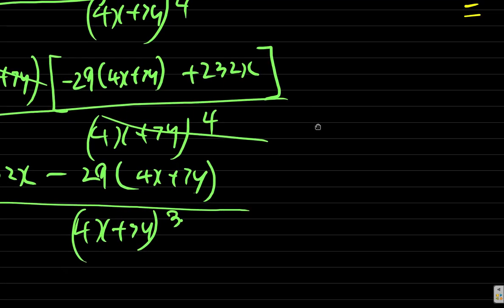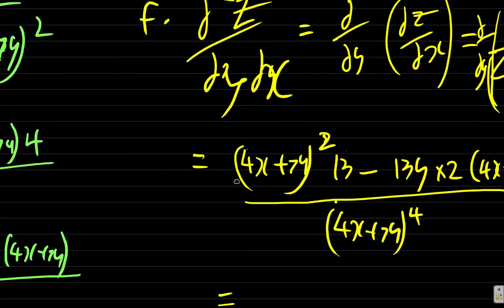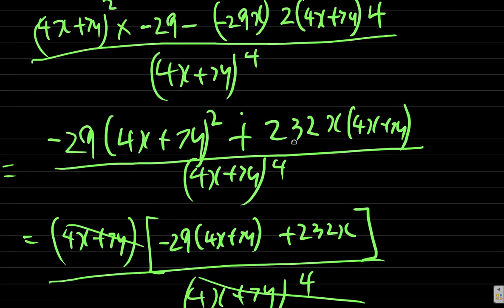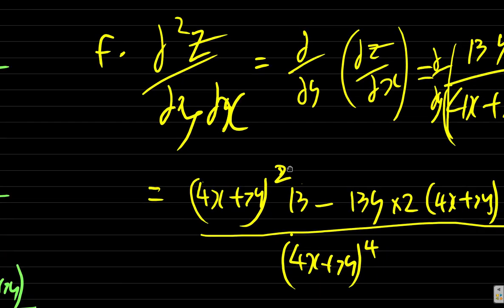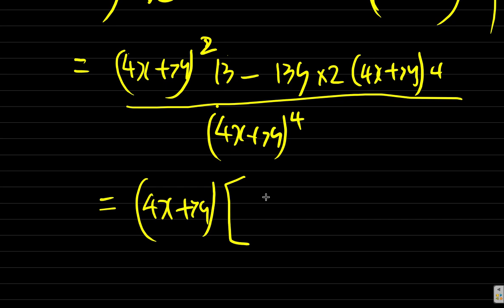Alright, you have 4x plus 7y times, this would be 4x plus 7y by 13 minus, this would now be 13 by 2 by 4.